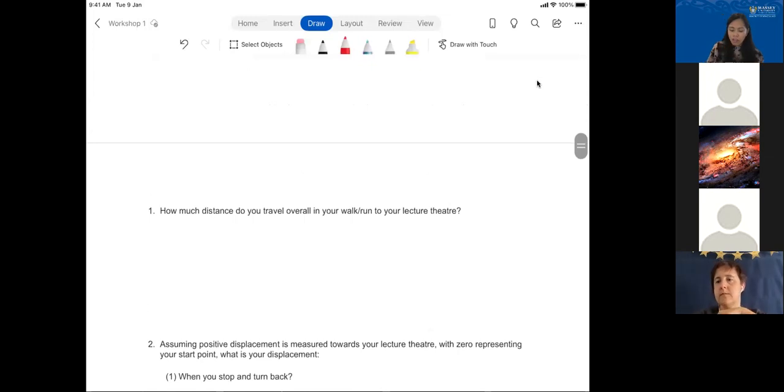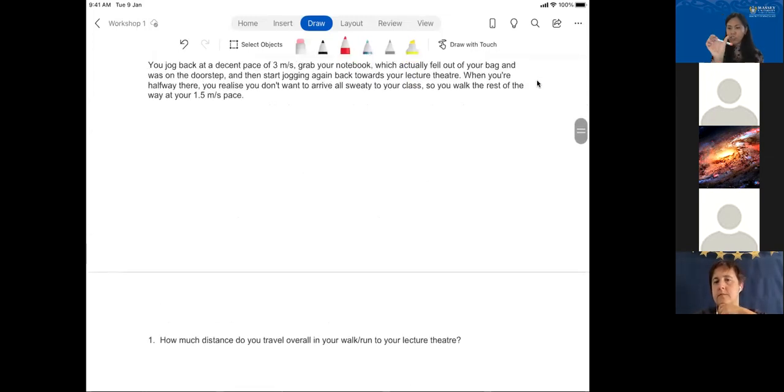So the first instance, when you walked from your house of residence to the point where you realize you forgot your notebook, that's one segment. And then the second segment is when you went back. Third segment was when you started walking to the lecture theater again. Started jogging to the lecture theater again halfway, and then changing to walking halfway. That's the fourth segment. Right, so we're already in that question.